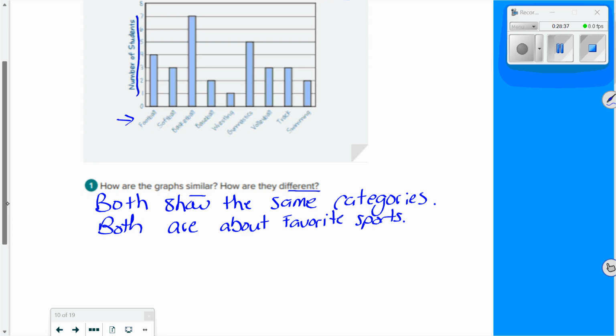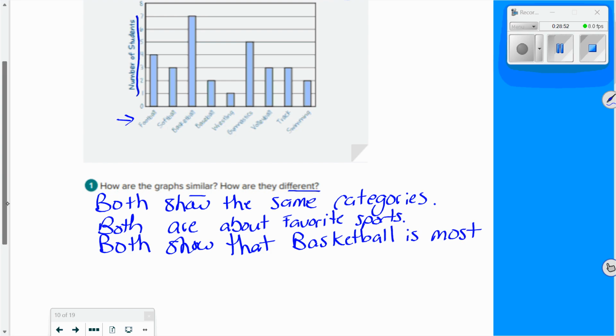Basketball's most popular, wrestling least. That's what I wanted. Both show that basketball is most popular, and wrestling is least popular.